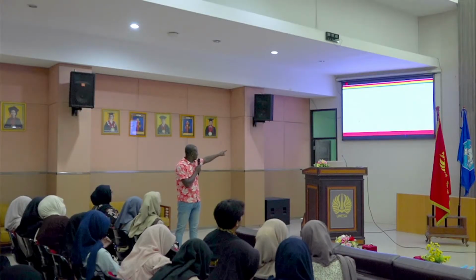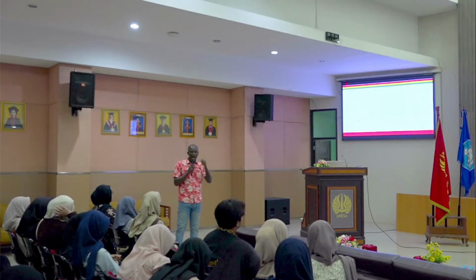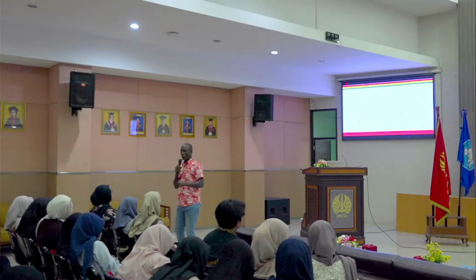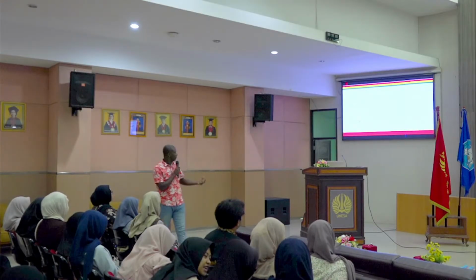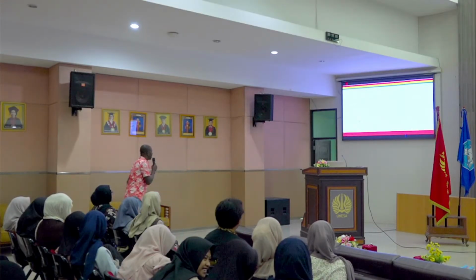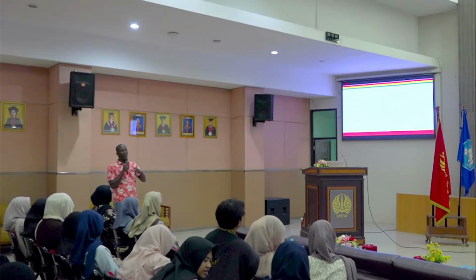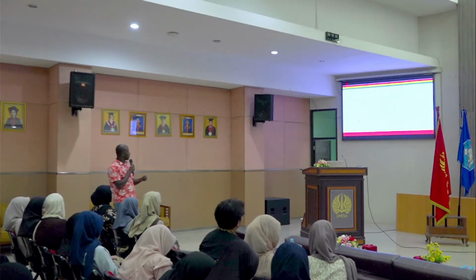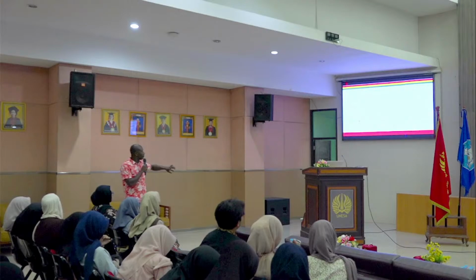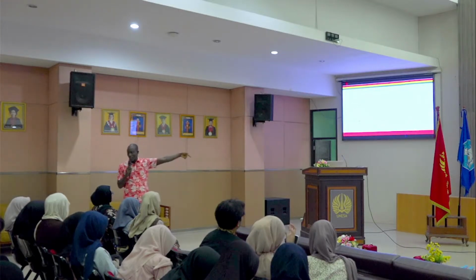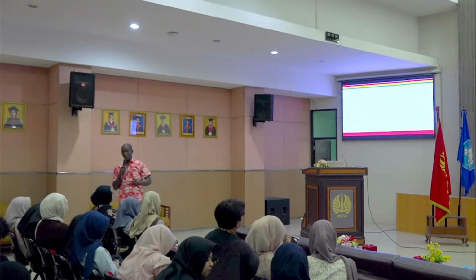E is fishing effort, how much effort we are putting in to catch fish. K is the catchability coefficient, how well they are able to catch. Once we fit all these values into the equation, what is the model? We can use it to predict.